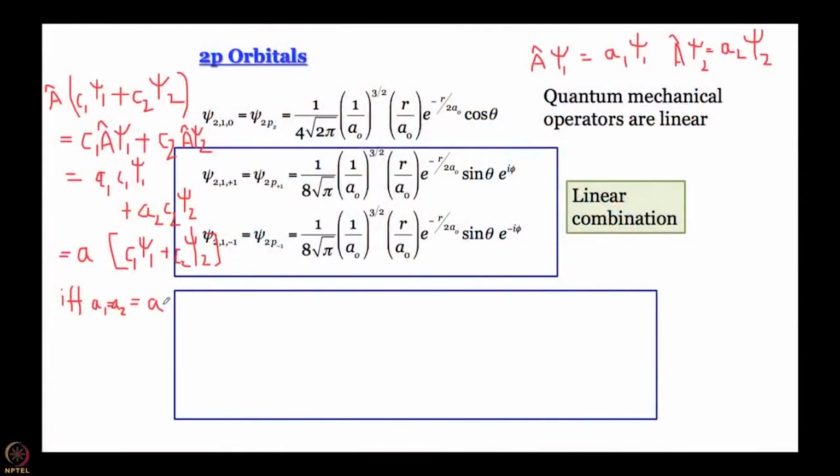So, we are always allowed to generate new solutions, knowing already existing acceptable solutions. And what I have shown you is that if you have two functions whose eigenvalues of an operator are the same, then the linear combinations, no matter which linear combination, C1 and C2, they are perfectly general.